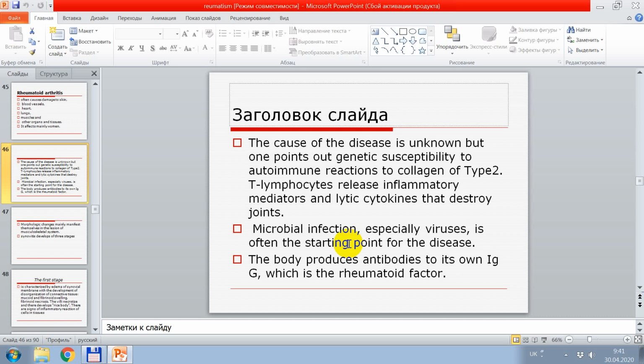T lymphocytes release inflammatory mediators and lytic cytokines that destroy joints. Microbial infection, especially virus, is often the starting point for the disease. The body produces antibodies to its own immunoglobulin G, which is a rheumatoid factor.